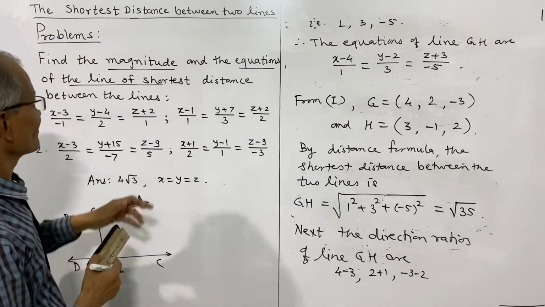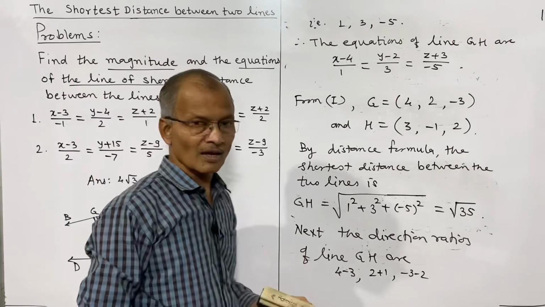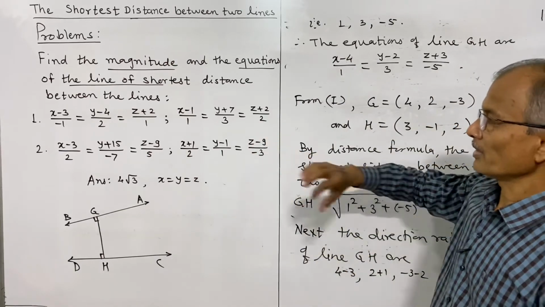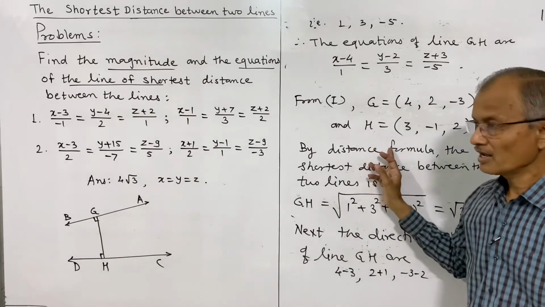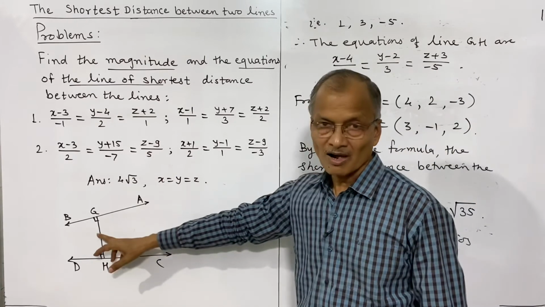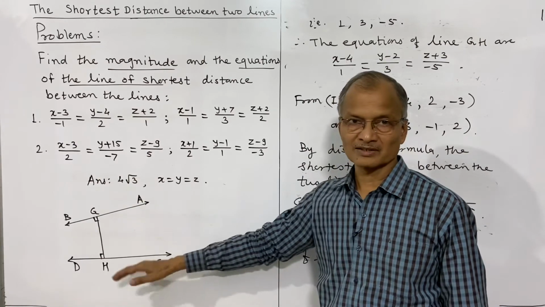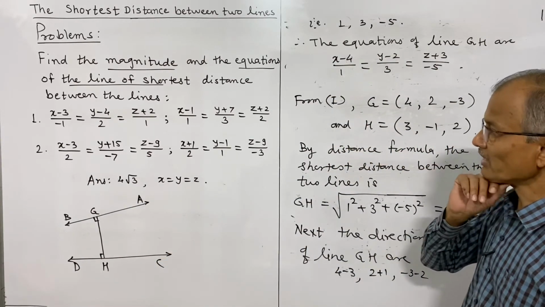That means the equation of the line of shortest distance between the two lines. In this way we can solve the problem. We have also obtained the coordinates of G and H, the feet of the perpendicular, where the shortest distance line meets both lines. This is the convenient way.